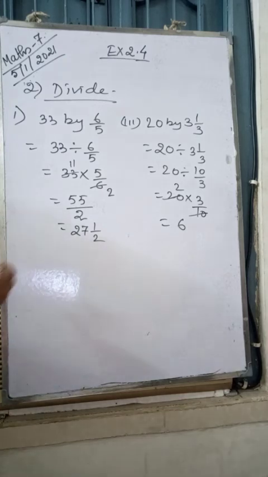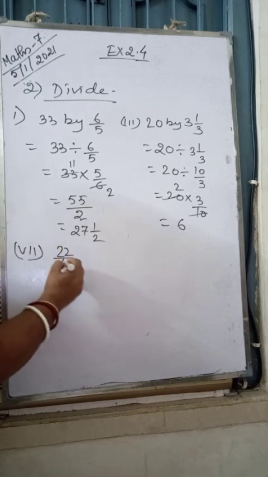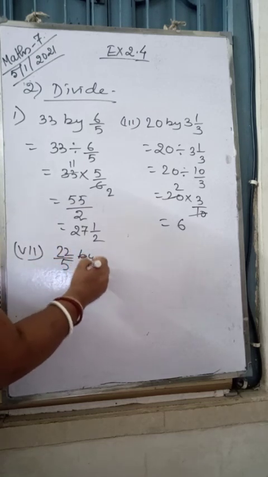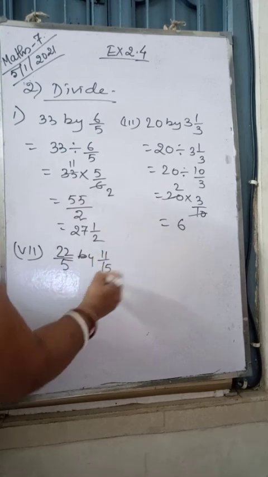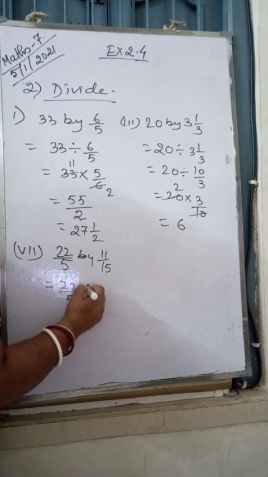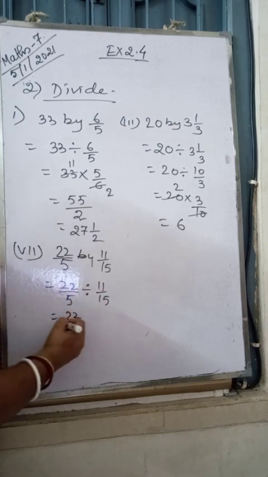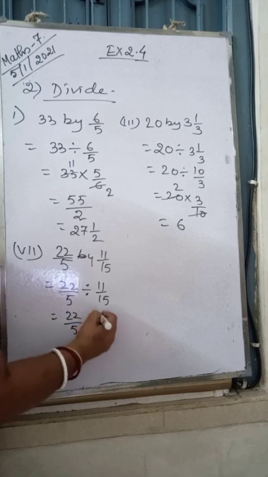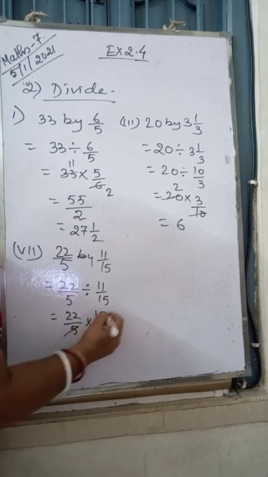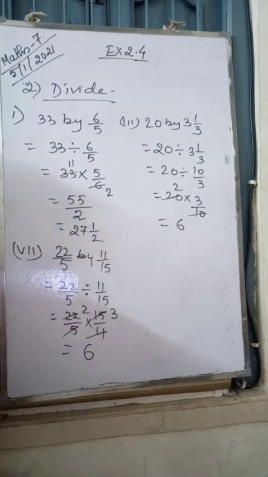You see number 7. 22 by 5 by 11 by 15. Or we'll be writing 22 by 5 divided by 11 by 15. Next step 22 by 5 into 15 by 11. 5 3s are 15, 11 2s are 22. So the answer is only 6.